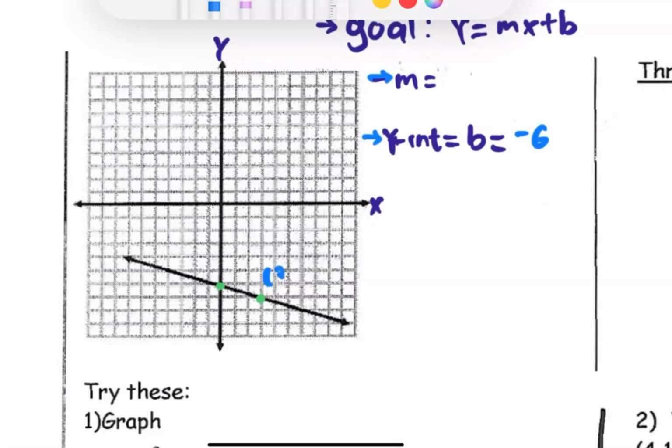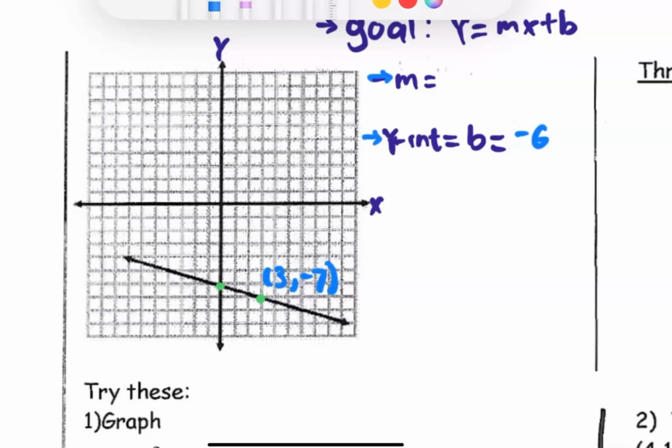So +3 on the x-axis. And then on the y-axis, we move down, so I know it's going to be a negative. Down, -1, -2, -3, -4, -5, -6. It is at -7 on the y-axis.